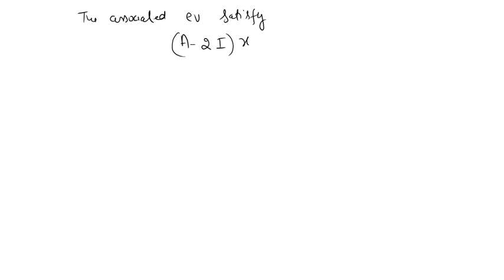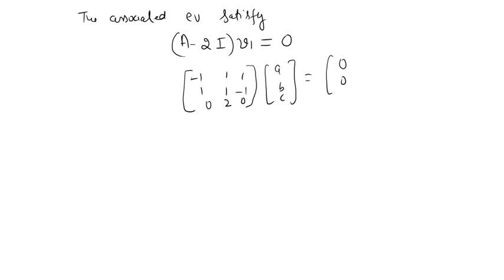So A minus 2I, and let's write the eigenvector as v1. Then A minus 2I is [-1 1 1; 1 1 -1; 0 2 0], and this times (a, b, c) equals (0, 0, 0). So solve this system.